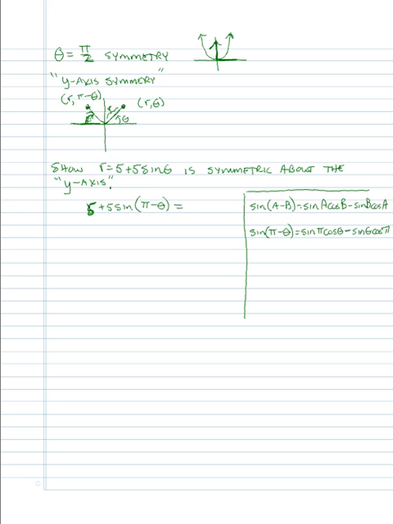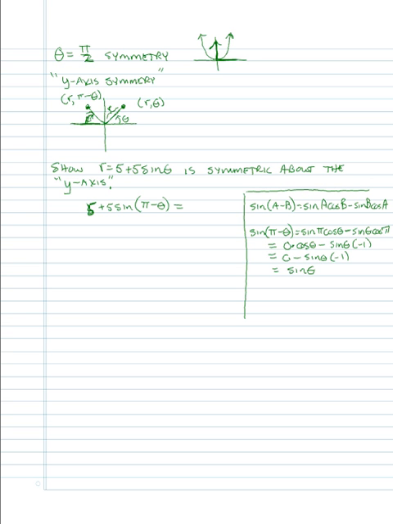Well, the sine of pi is 0, isn't it? So here we have a 0 times the cosine of theta, minus the sine of theta, but the cosine of pi is negative 1. So we end up having 0 minus the sine of theta times negative 1, which of course is simply positive sine of theta.